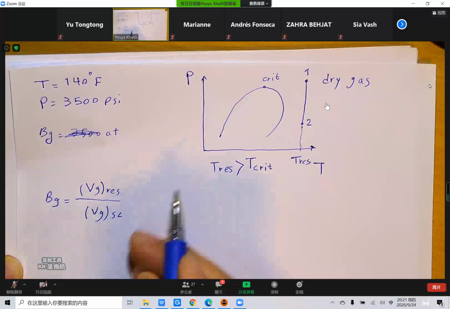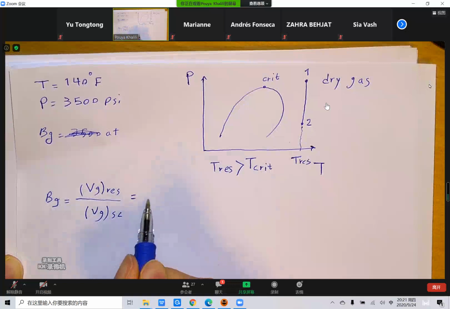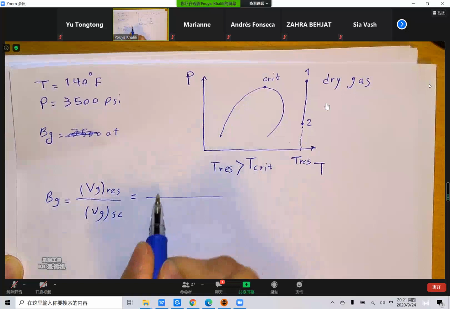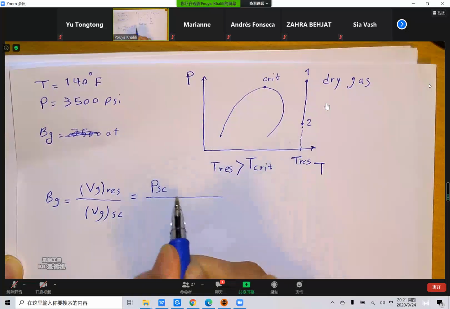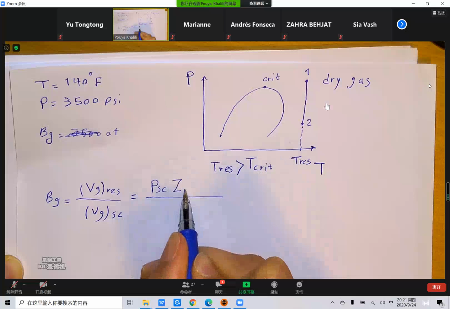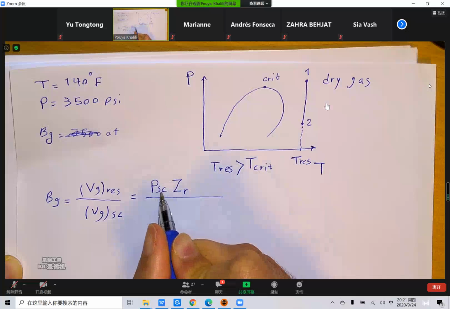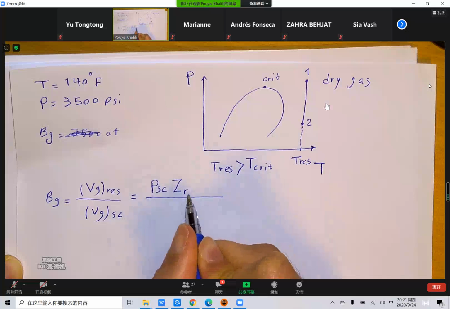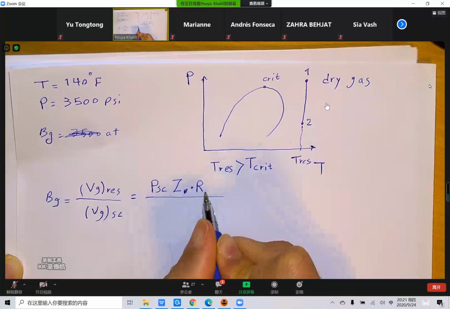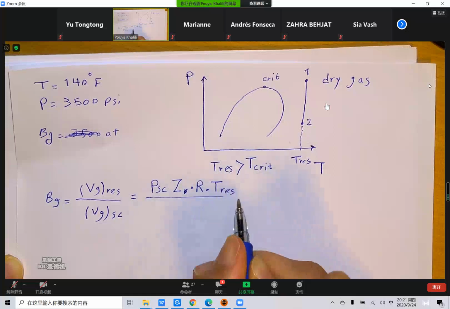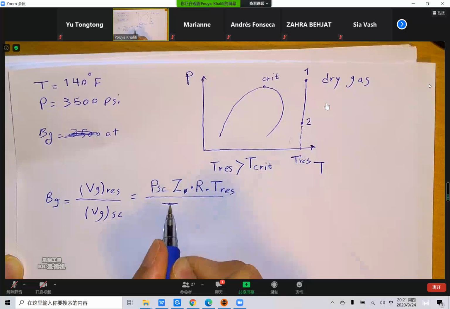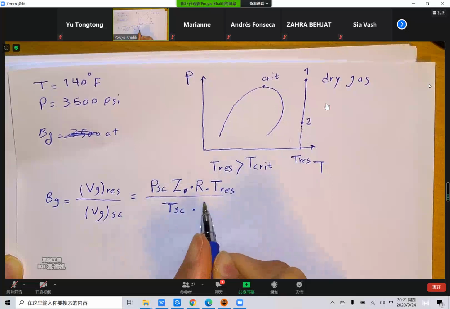If you use the ideal gas law, you will find this expression: pressure at the standard condition multiplied by compressibility factor and multiplied by constant R and multiplied by reservoir temperature, over temperature at the standard condition and multiplied by pressure at the reservoir condition.